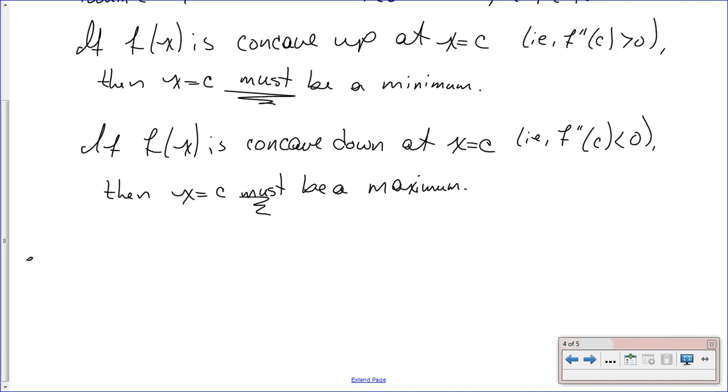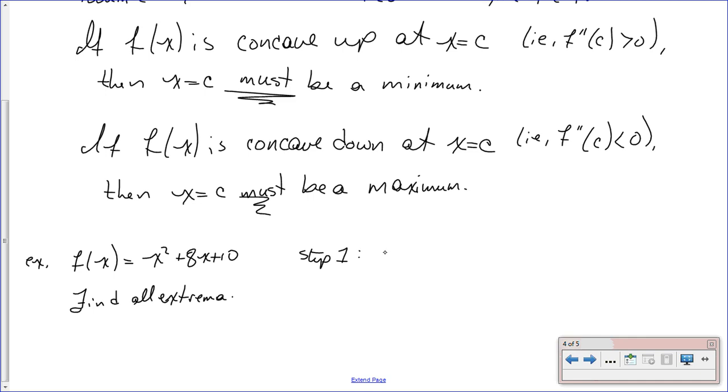So, example. f of x equals x squared plus 8x plus 10. Let's find all extrema. So step one. Like I said, these steps are a little different in this case. We want to get f prime of x. So f prime in this case is going to equal 2x plus 8.